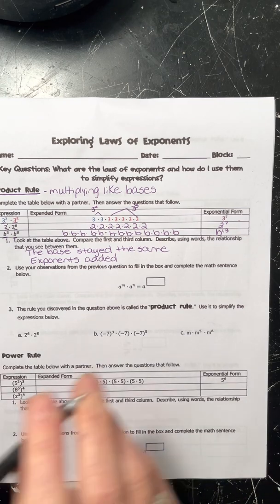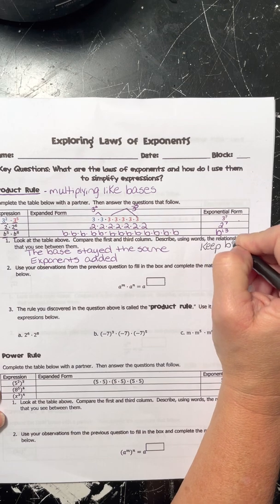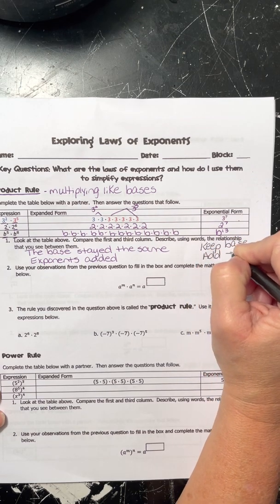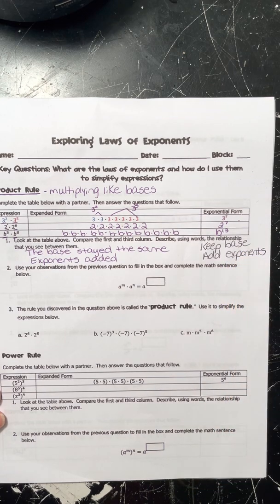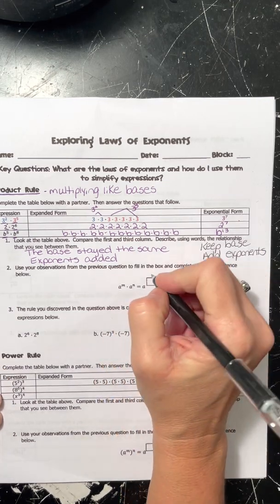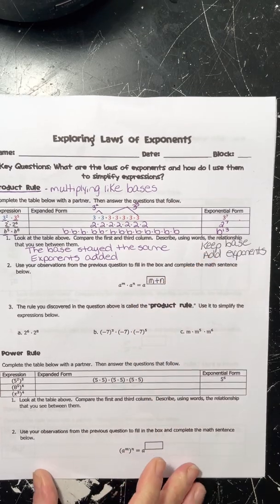Another way that we say that is keep the base, add exponents. Keep the base, add the exponents. So a to the m times a to the n would be a to the m plus n.